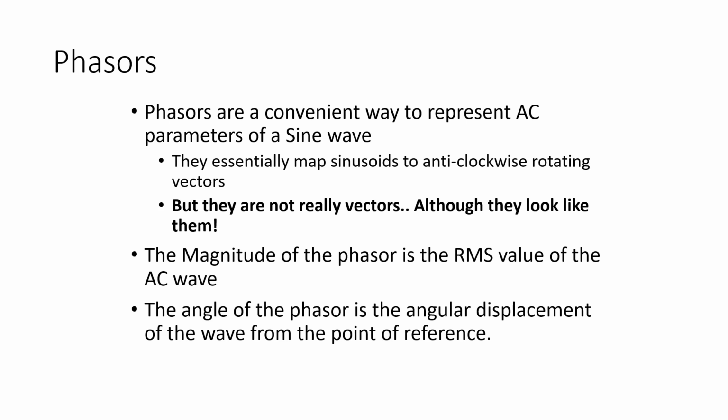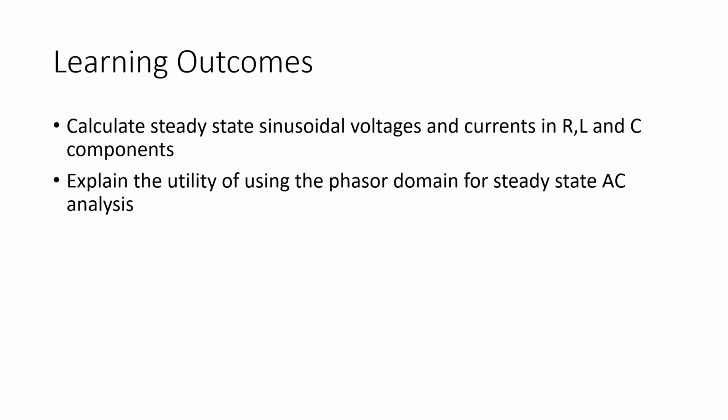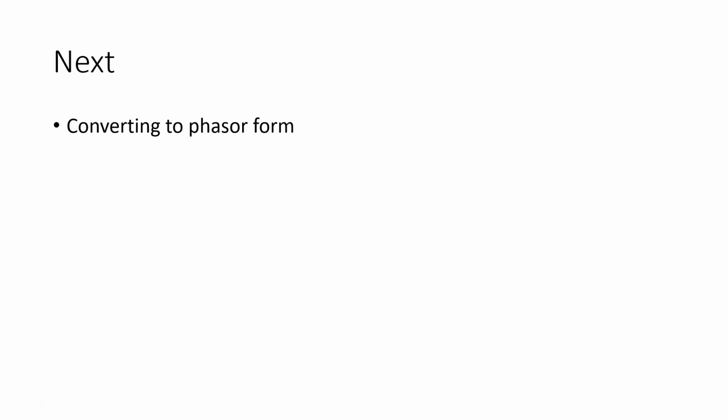The magnitude of the phasor is the RMS of the value of the AC wave, and the angle of the phasor is the angle of displacement of the wave from a point of reference. So next time we'll take a closer look at converting to phasor form from the sinusoidal form.